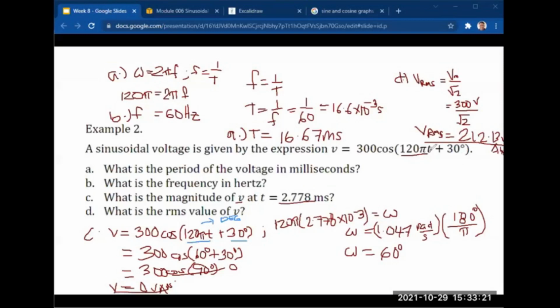Okay, so these are our solutions for example number 2.